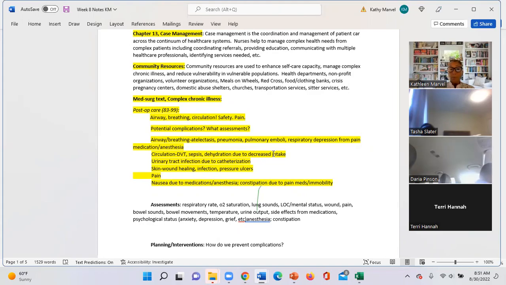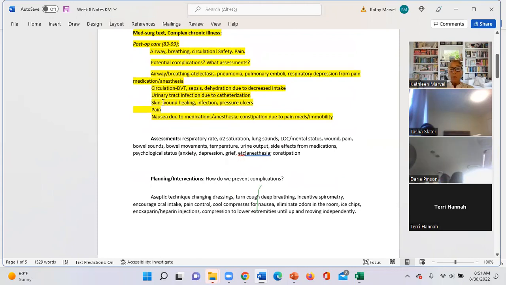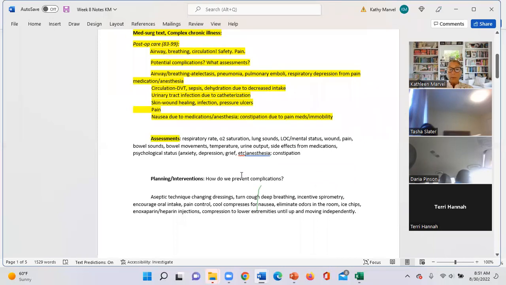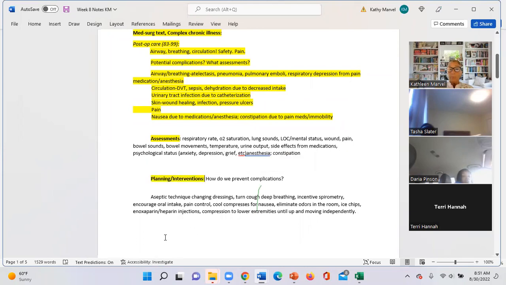Okay. So here's some issues. Potential complications are all here. And it goes through your ADPIE. How do you do an assessment, or what's part of your assessment in a post-op patient? Tells you right here. With your planning, how do you prevent complications?